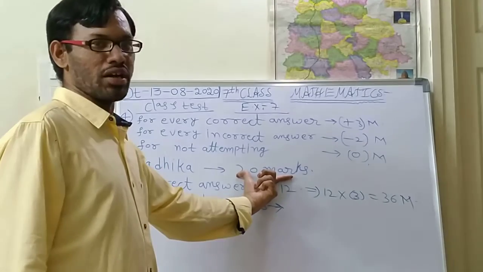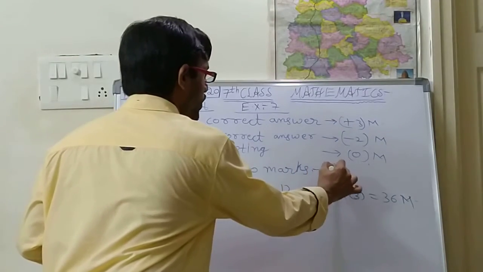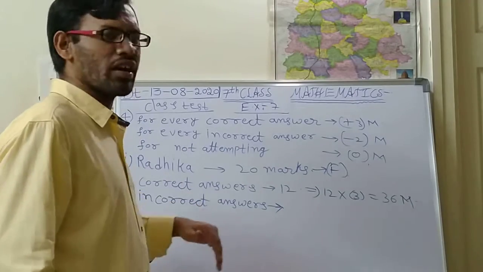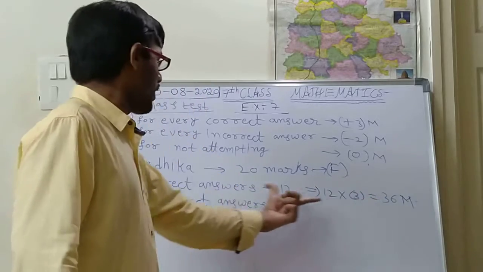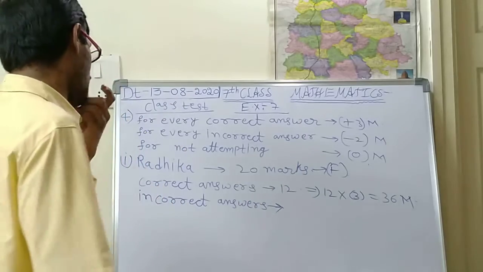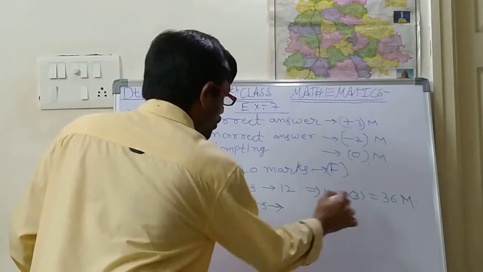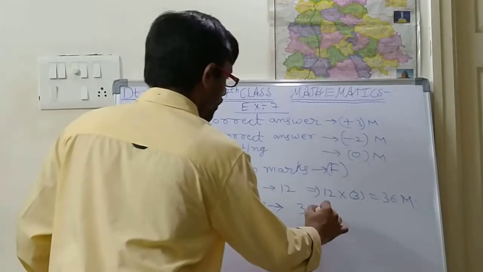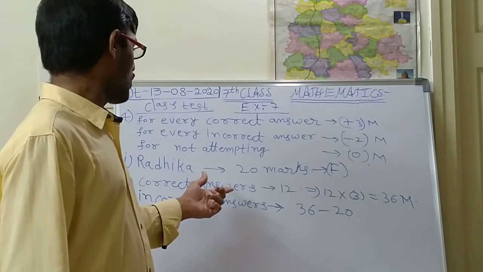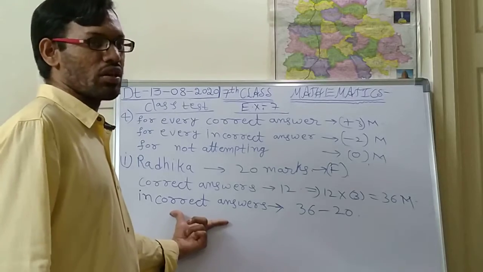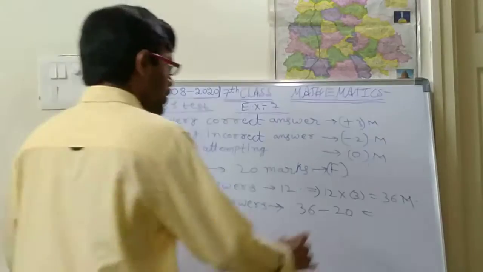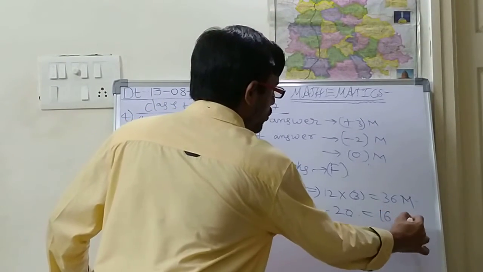So we have to subtract this 20 marks from the 36. So 36 minus 20, how much is that? 16.